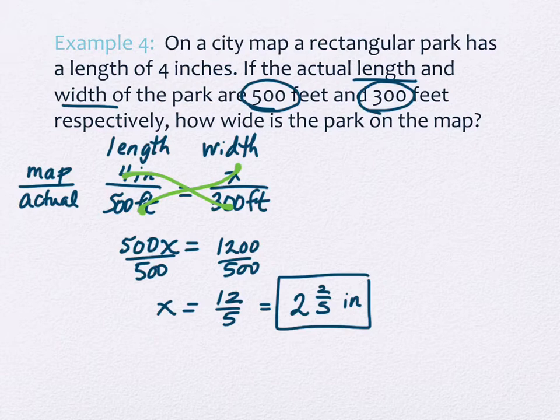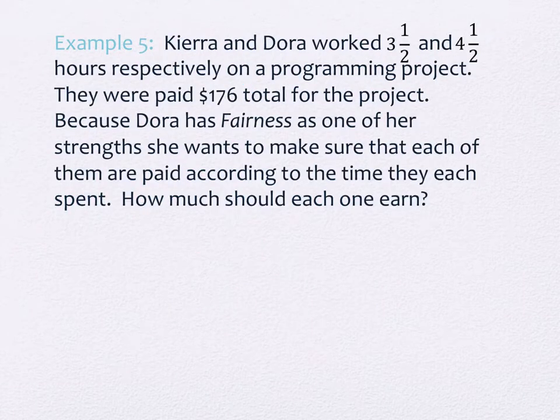Okay, next one. Kira and Dora worked 3.5 and 4.5 hours respectively on a programming project. They were paid $176 total for the project. Because Dora has fairness as one of her strengths. Does any of you have fairness? Do you guys know I'm talking about StrengthsFinder stuff? Some of you know.